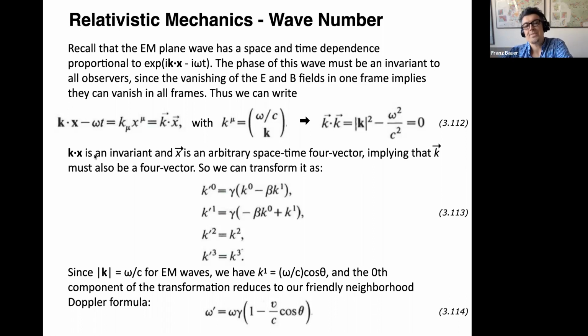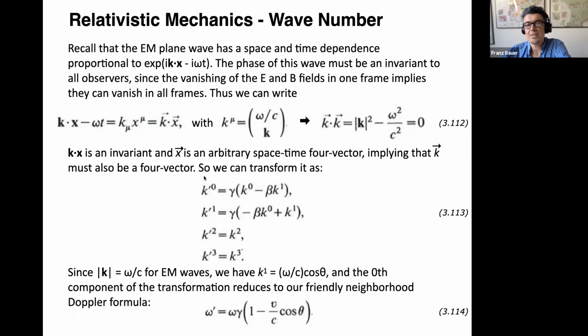This thing we can then think of as being invariant, and so we have some arbitrary space-time four-vector, which is here, and this has some arbitrary wave number vector, which is also a four-vector. And so we can transform the four-vector, and it should transform more or less like x should.